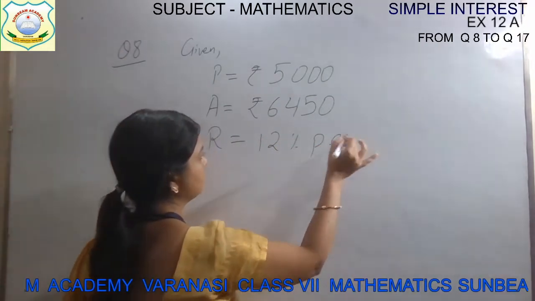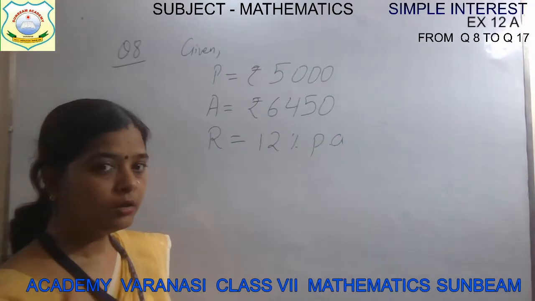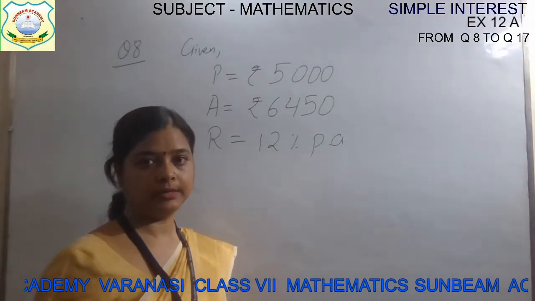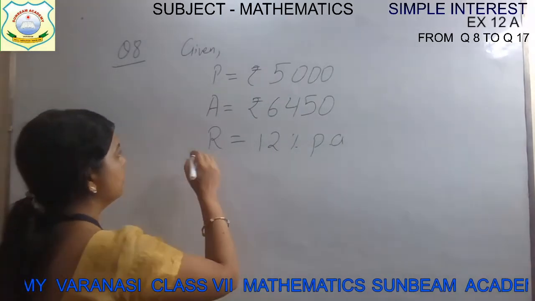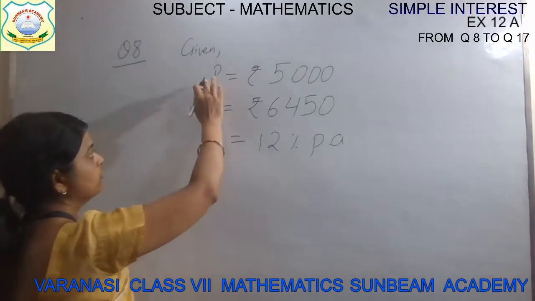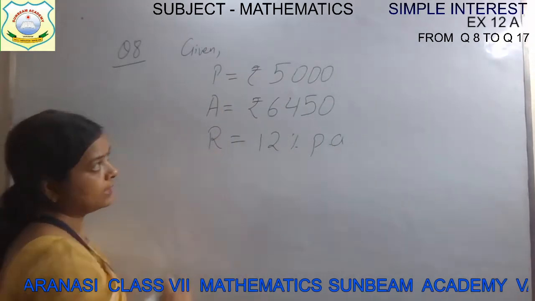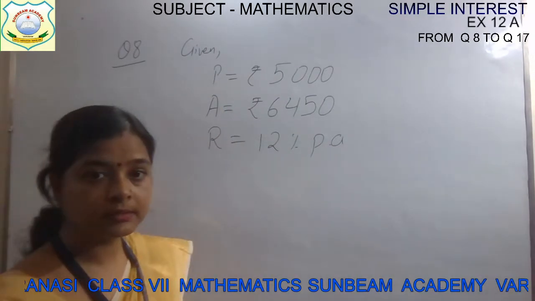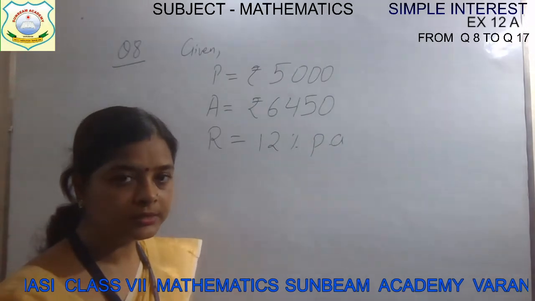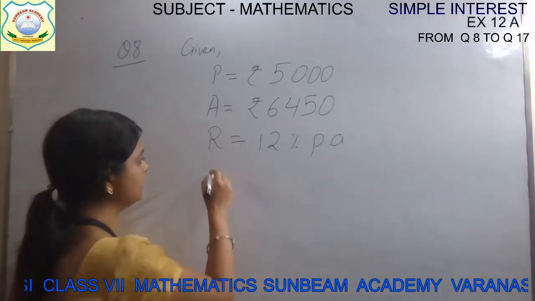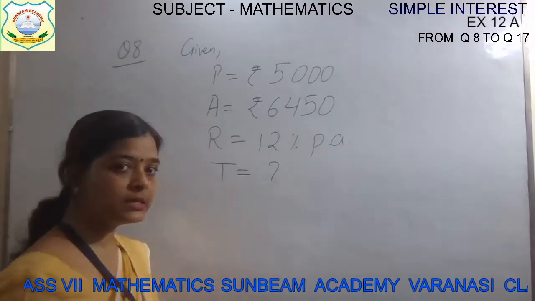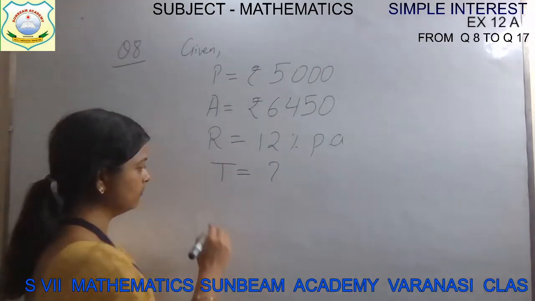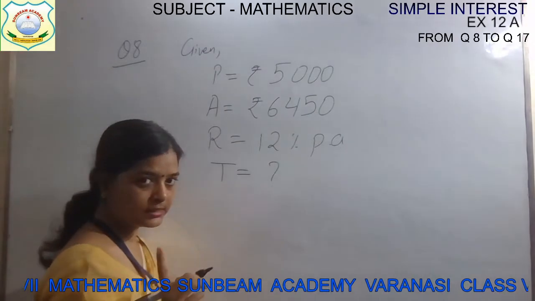Per annum children means for 1 year, it is calculated yearly. Now if we know amount, if we know percentage and rate, can we find the simple interest? Because we have to find time. And time is in which formula? Till now we have learned two formulas in this chapter.